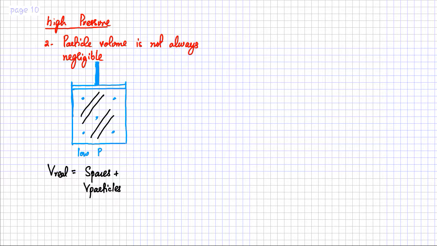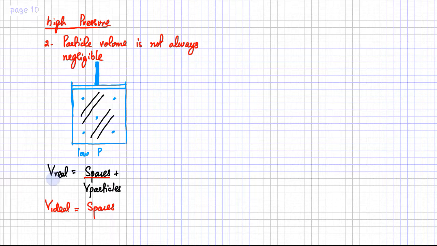An ideal gas assumes that particle volume is negligible, so an ideal gas would only give you the volume of the empty spaces. It will not include the particles' volume when you're measuring the volume.